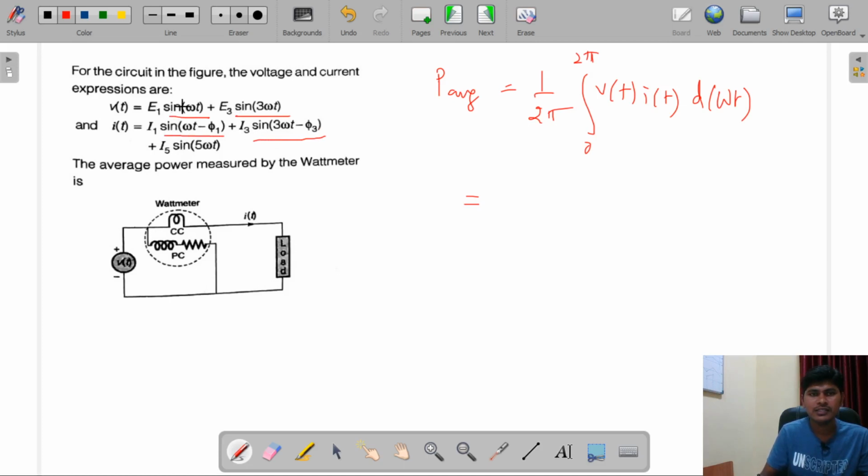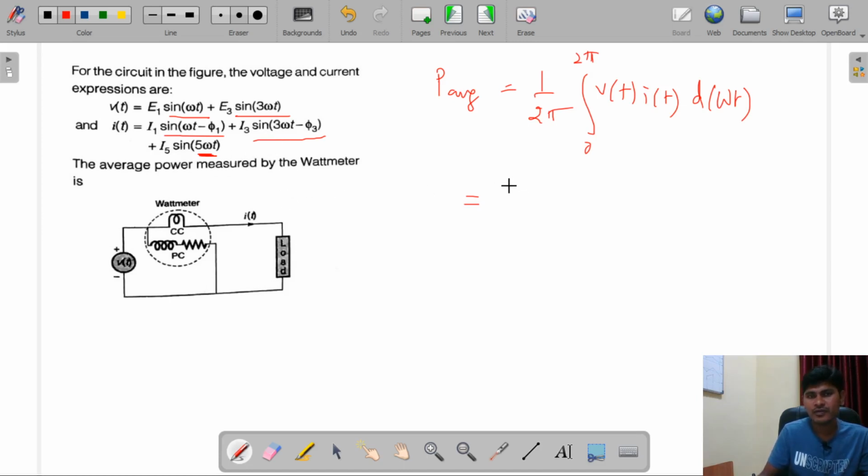Okay, these two can be multiplied and these two can be multiplied. Okay, this into 0, because we don't have sin of omega t times sin of 3 omega t terms. Okay, the product of two different terms will be 0. I mean, the average of two terms having different frequencies will be 0.